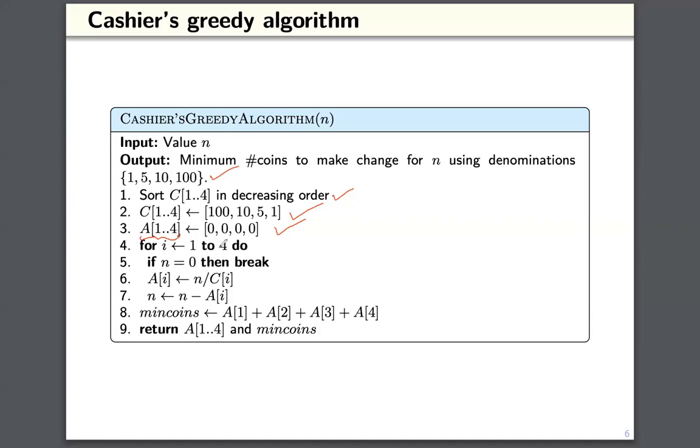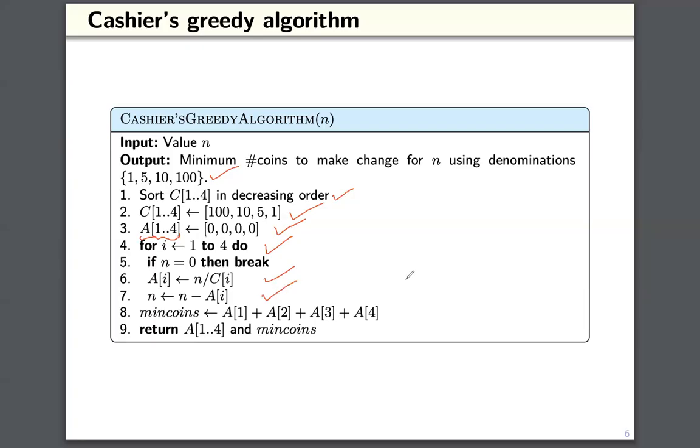So you have a simple loop over all coin denominations. If n is equal to 0, you break. Else, you find the number of copies that you want. A of i is n divided by C of i, and take the remaining amount as the next n and repeat.